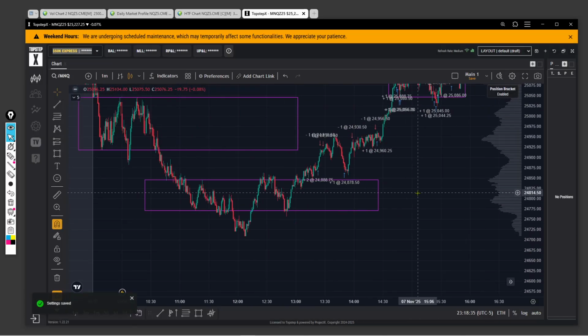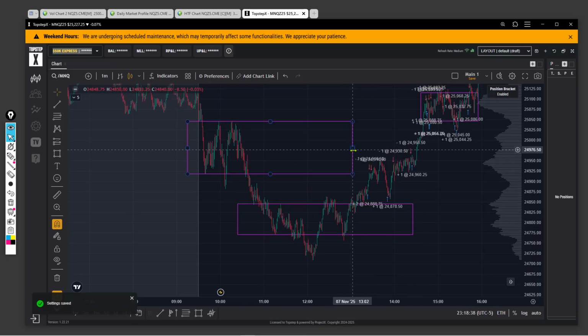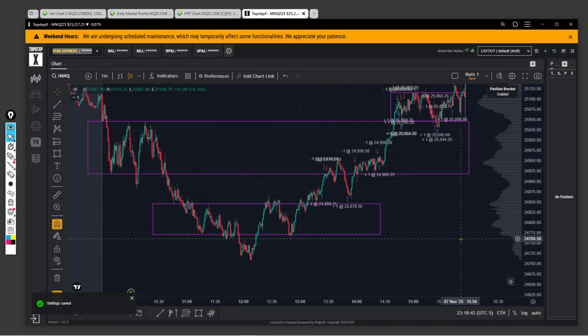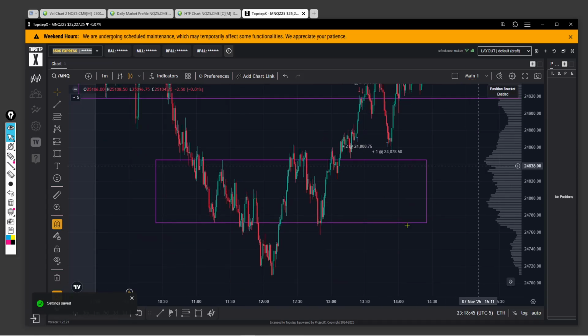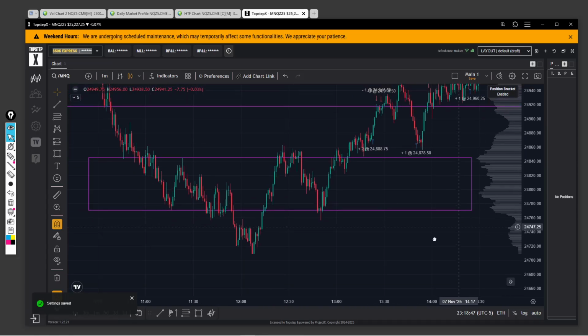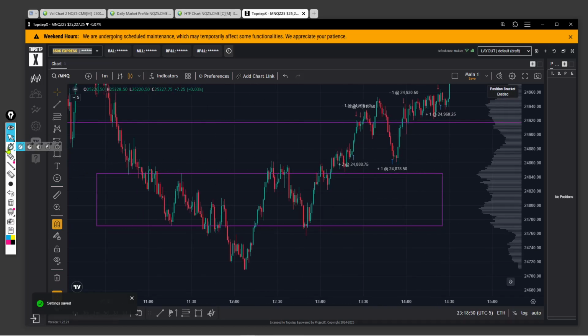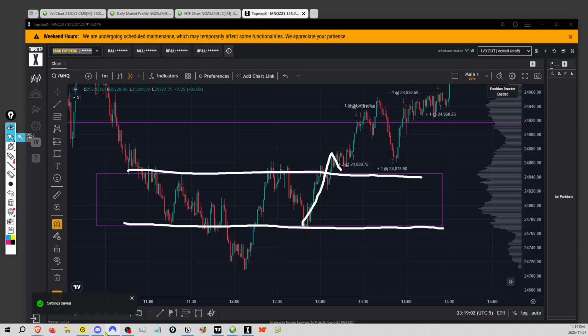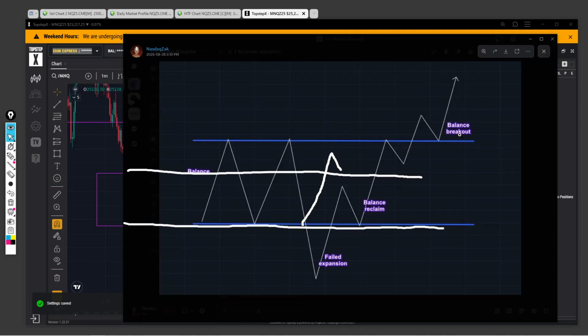So you can see that I recognized these ranges, and when we were at this range right here, once we started breaking away from it and retesting it, we call that a balance breakout: break away from the balance, retest the high, and then we go.